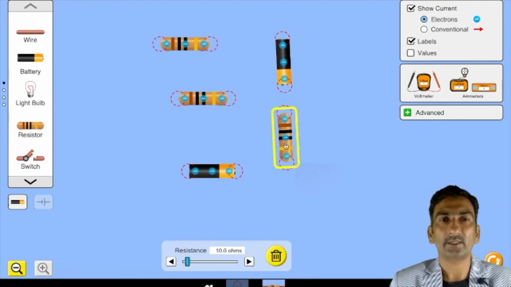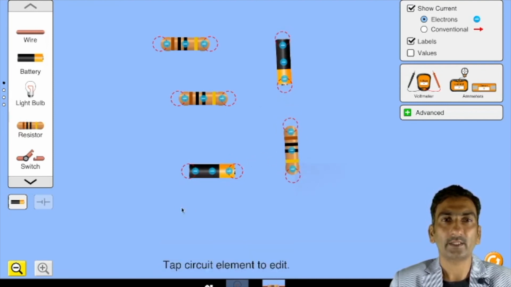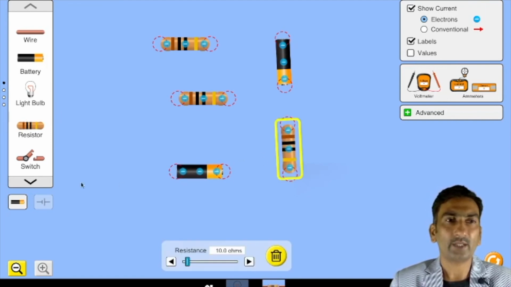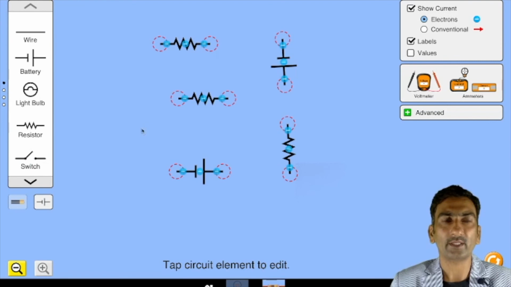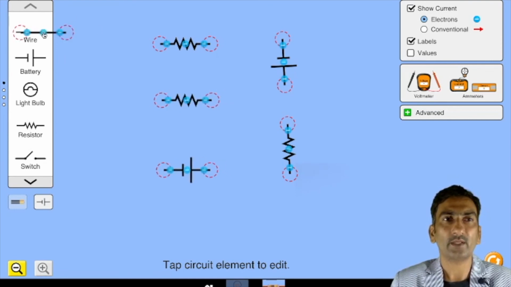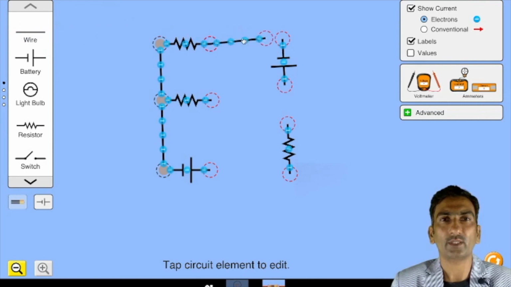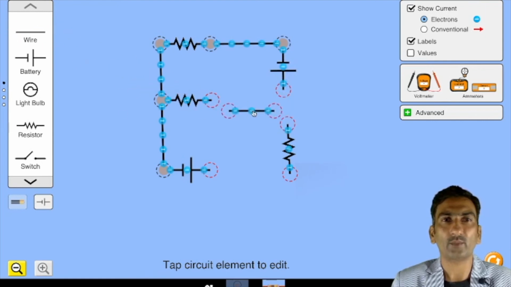Better we change this symbolic form. This one is quite okay. Now let's connect all these circuits with the help of connecting wire. One is connected with this part, another with that connecting wire. We can take one more wire over there, so let me join this part.